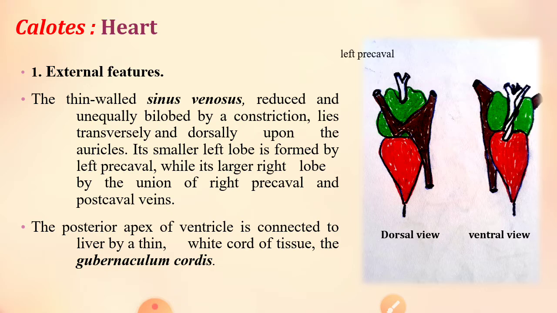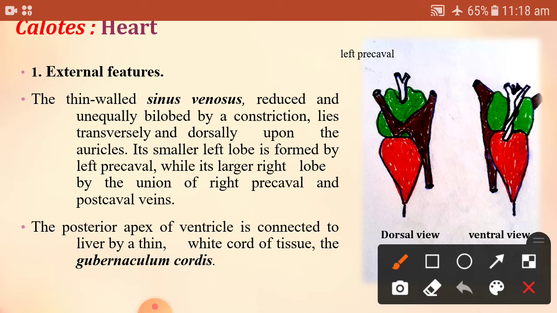The left lobe is smaller and the right lobe is larger. The sinus venosus is made of two lobes, a smaller left lobe and a larger right lobe.